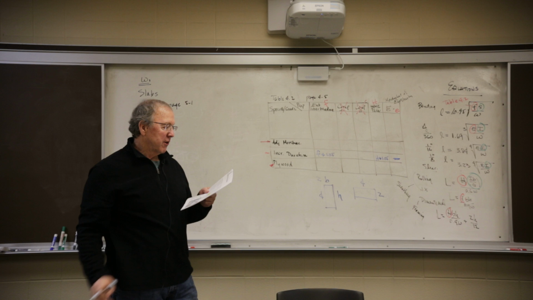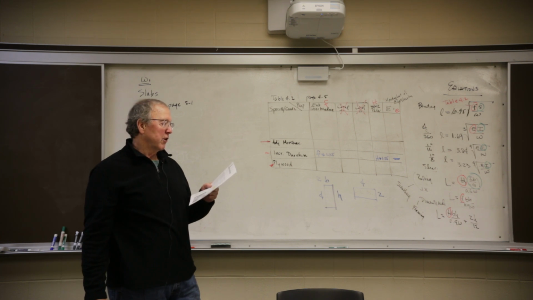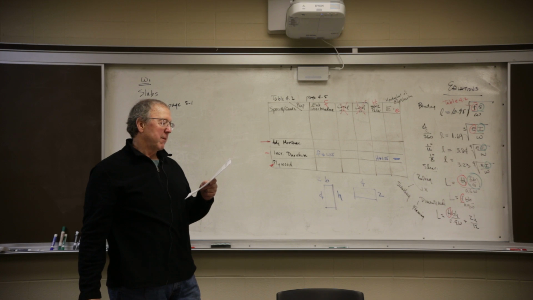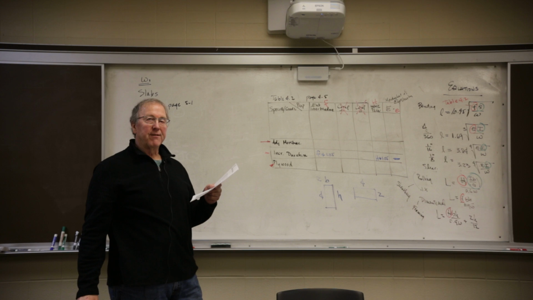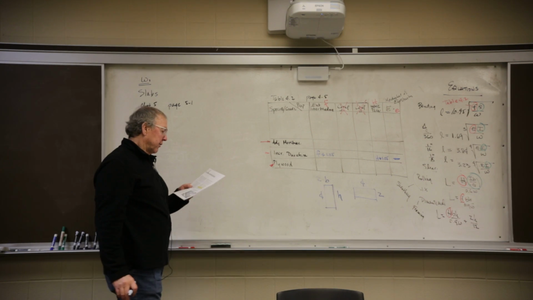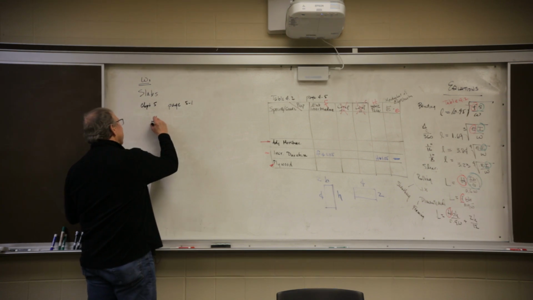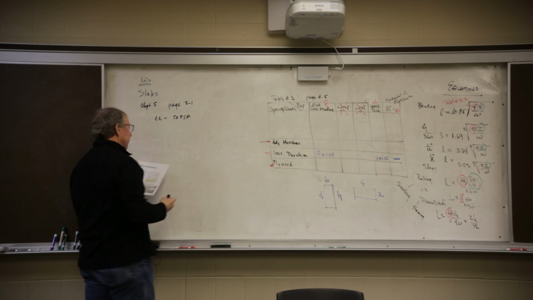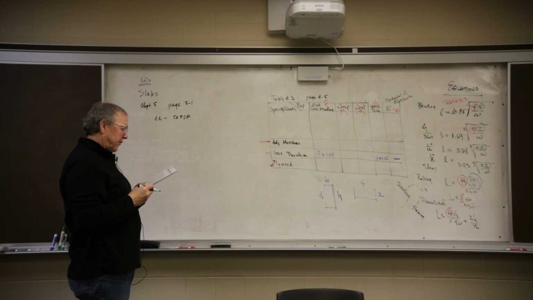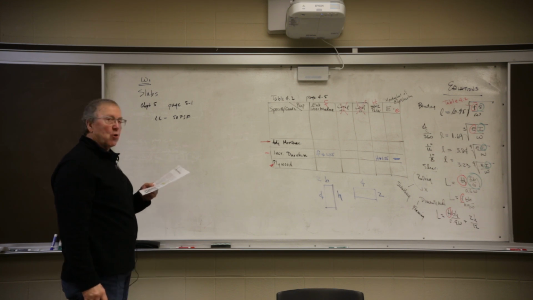The paragraph it starts out with is ACI Committee 347 recommends vertical supports and horizontal framing components for formwork should be designed for a minimum live load of 50 pounds a square foot. So you're on page 5-1, chapter 5. It says live load 50 pounds a square foot. And it says that's if you've got workmen, runways, screeds, and other equipment.